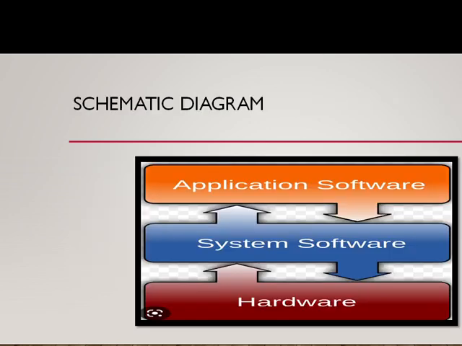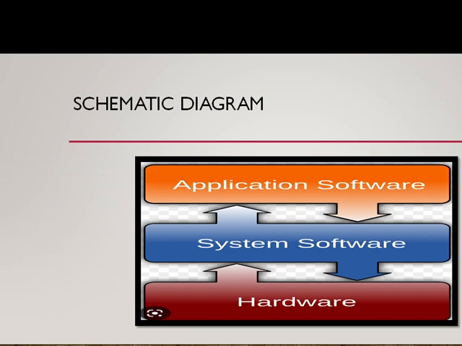It is a schematic diagram which shows the connection between hardware, system software and application software. These three are interconnected. The hardware refers to the computer hardware system which is internally connected. System software is a very basic need which will connect the application software and the hardware together.